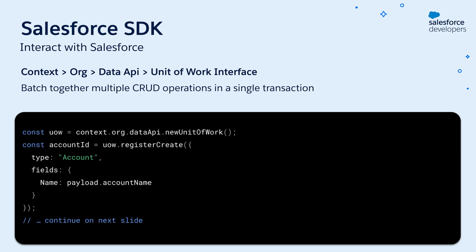So we register those operations. In this example, we are registering a new create operation of type account, and we receive something called the reference ID. That reference ID is the ID we are going to use for future operations to create relationships.